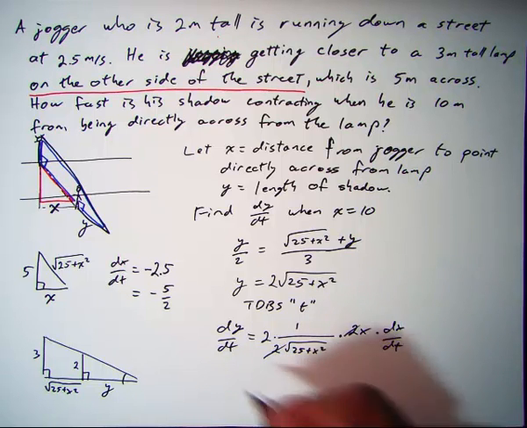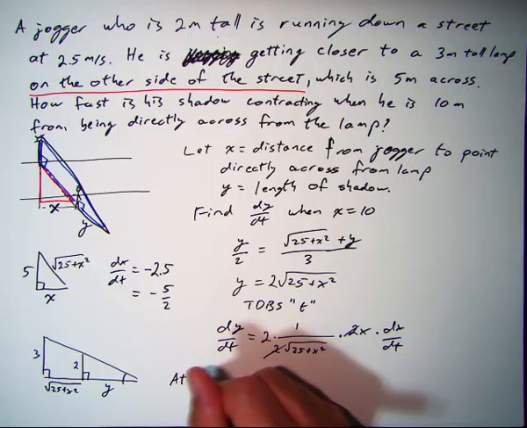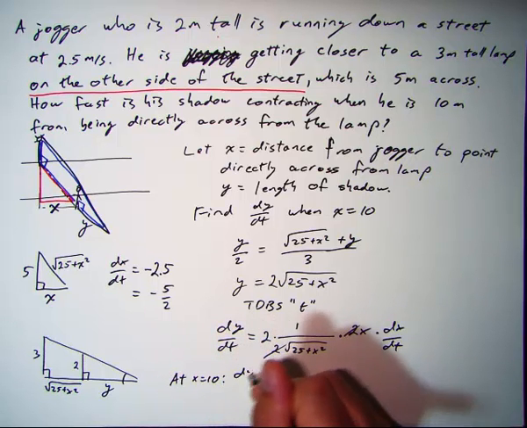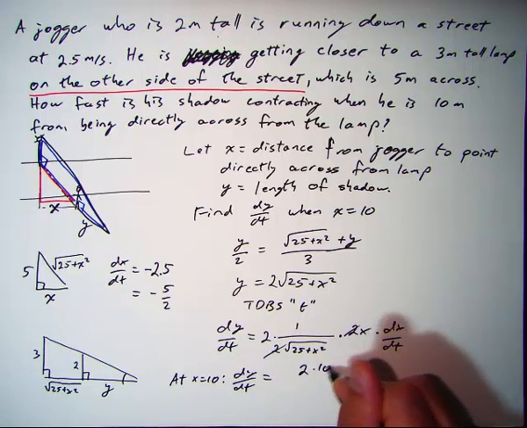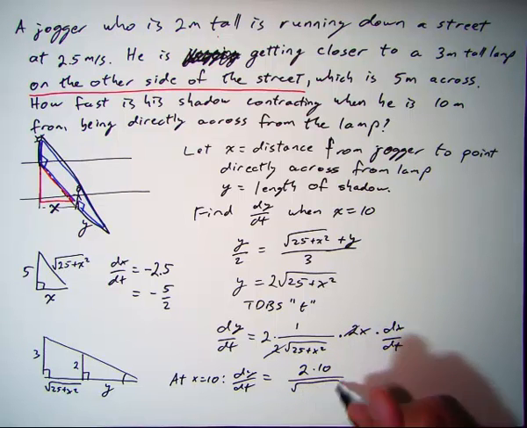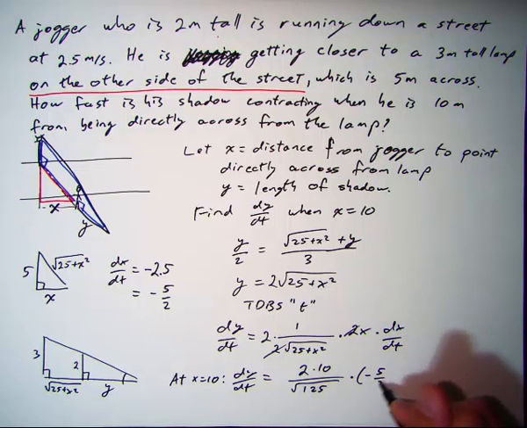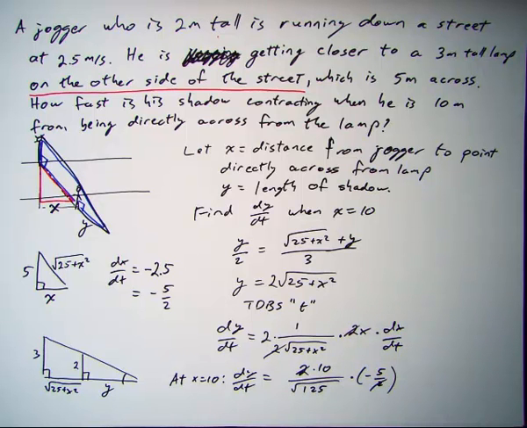I can cancel these guys out and I can say that at x is equal to 10, dy by dt is equal to 2 times x over the square root of 25 plus x squared times dx by dt. These guys at least cancel out.